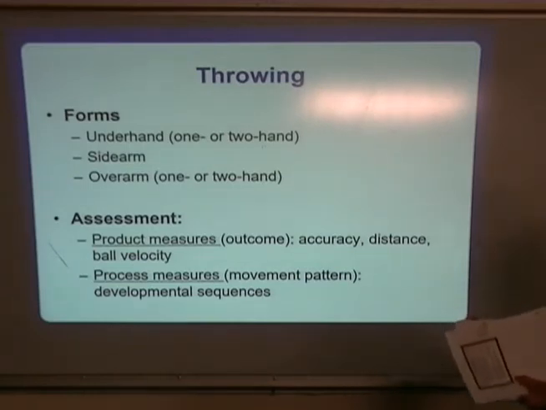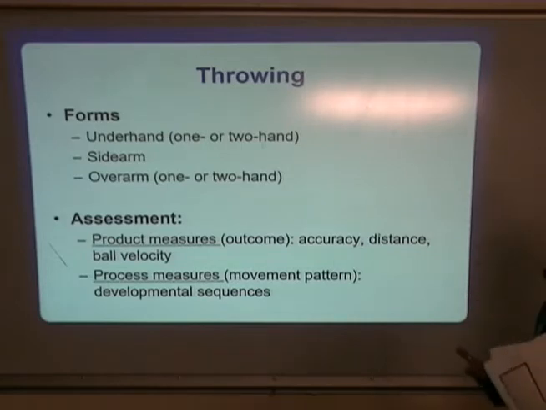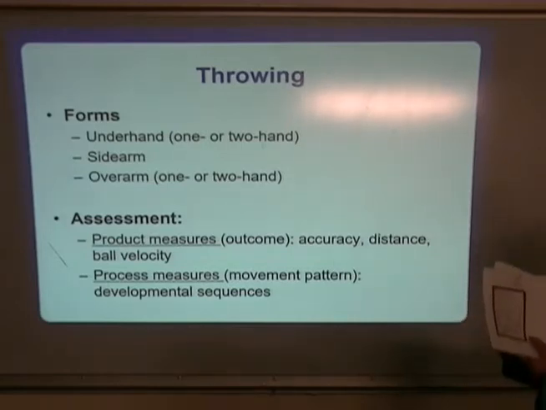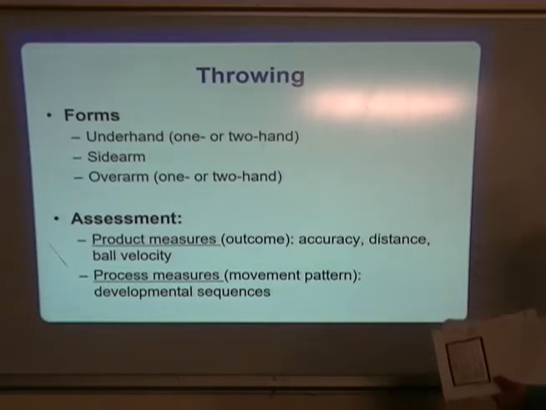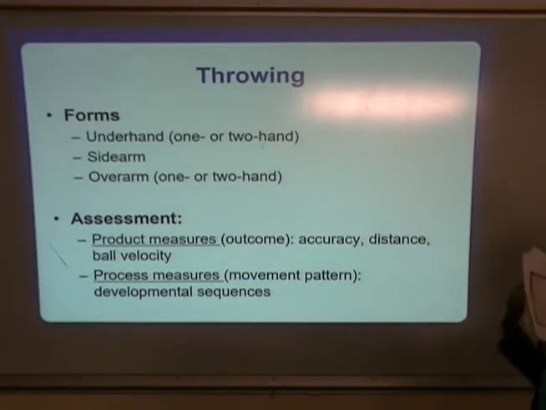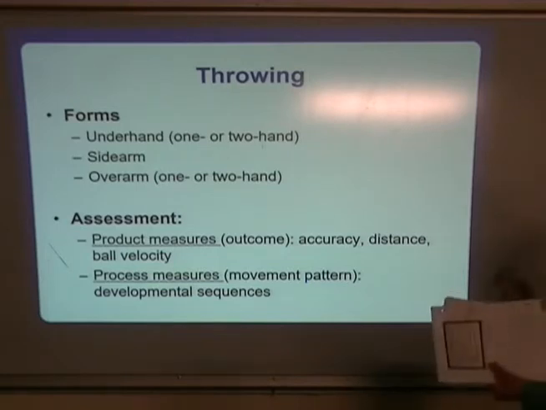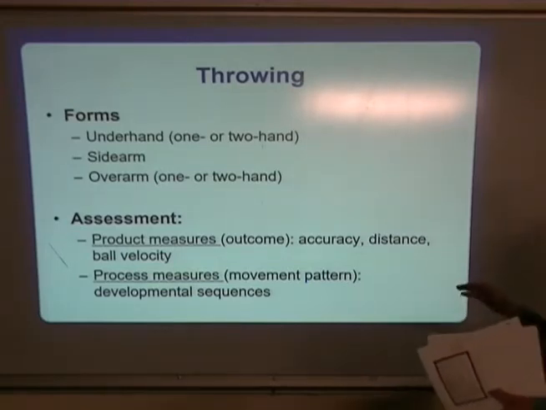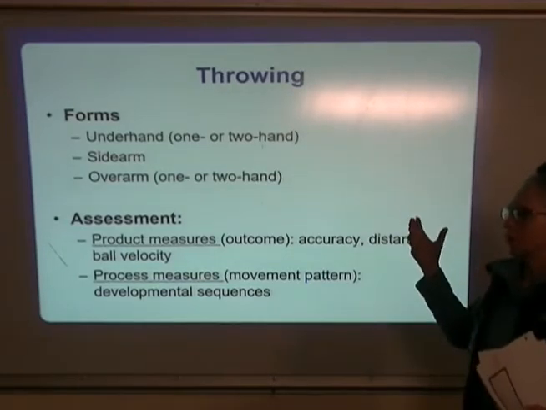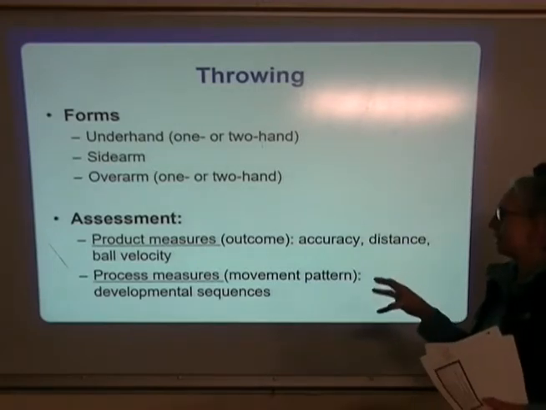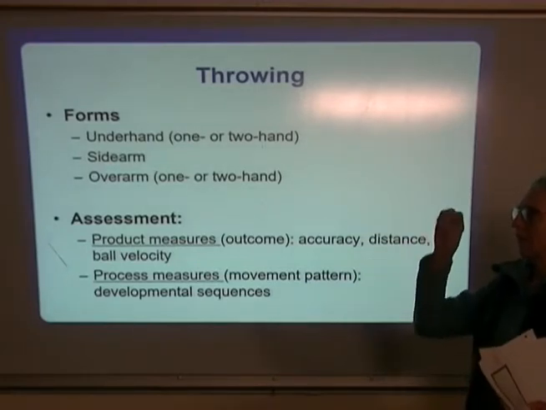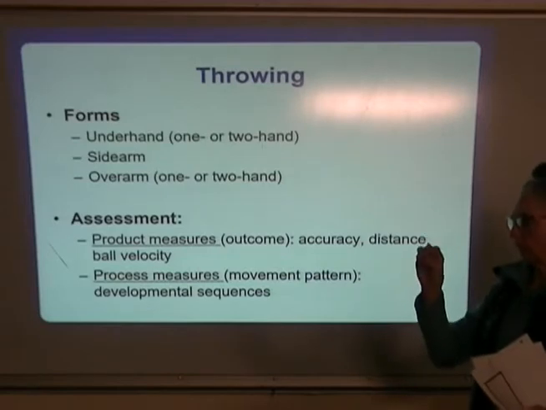If you're going to be working with PE students, not athletes, or at a recreation center with kids, then often those outcome, those product measures aren't as useful as understanding what's happening with the skill, what process, all right?